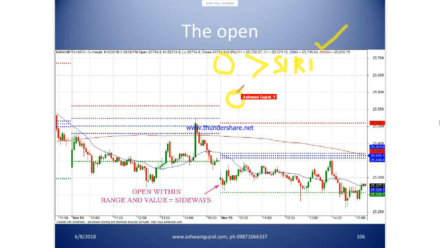If open greater than CPR also. Obviously, if S1 R1 is crossed, it is greater than CPR also. If open inside S1 R1 and inside CPR, range bound day.